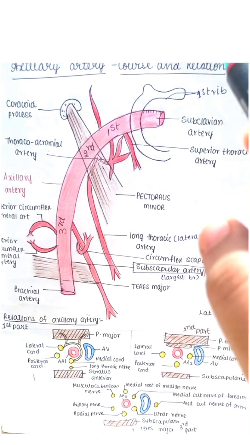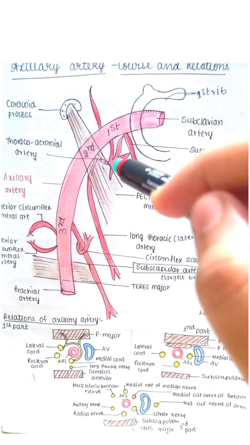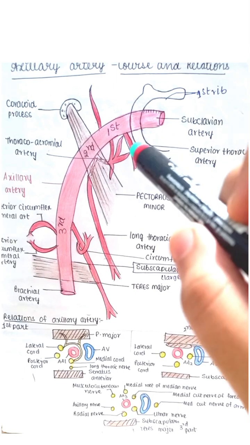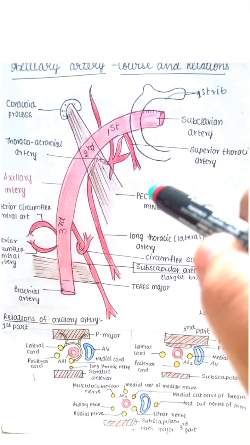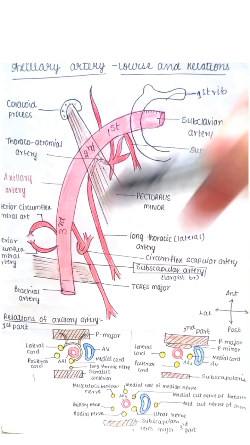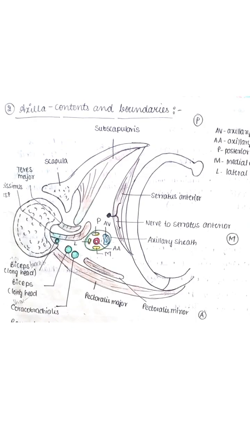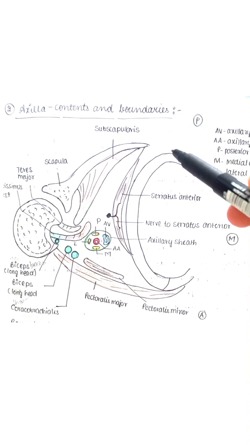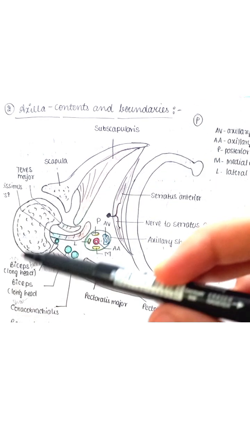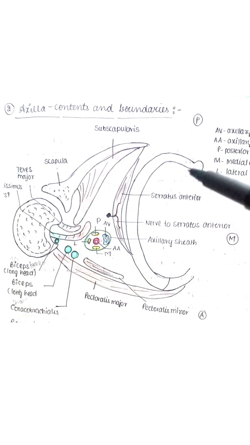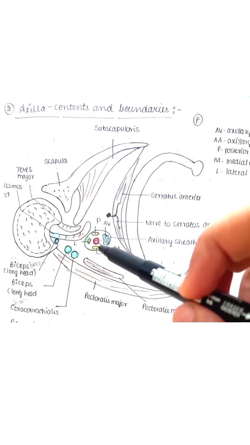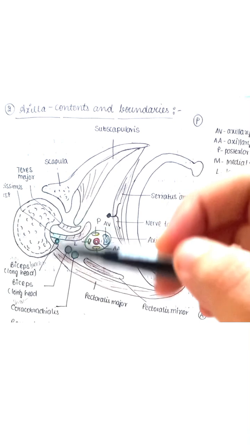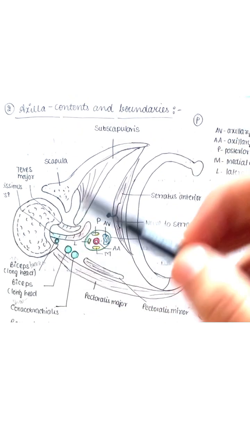Now, what is its course in the axilla? To learn its course, just imagine the four walls of the axilla: the anterior wall, posterior wall, medial wall, and the lateral wall. Along its entire course in the axilla, the axillary artery runs along the lateral wall.